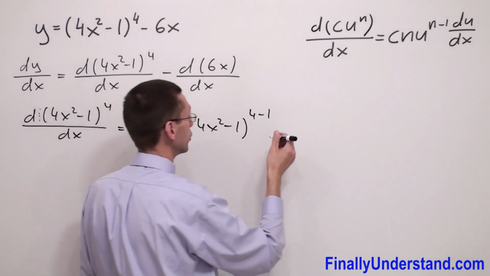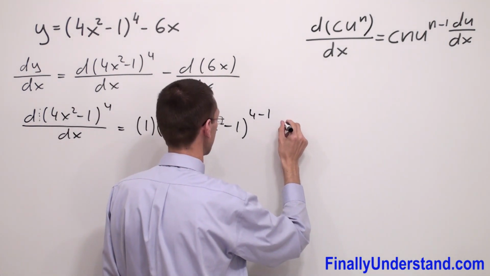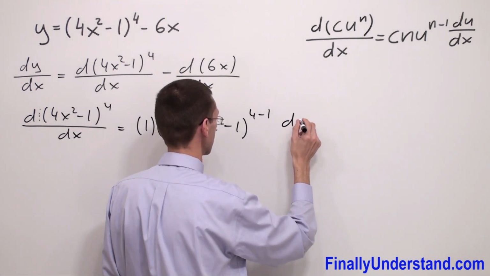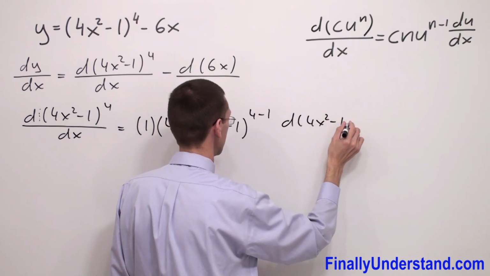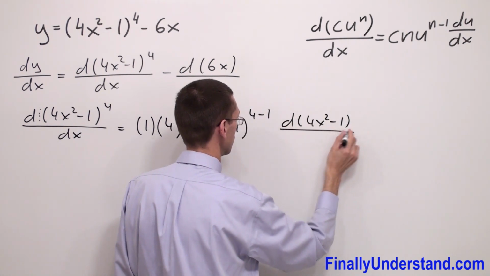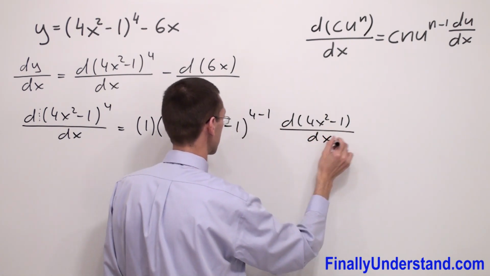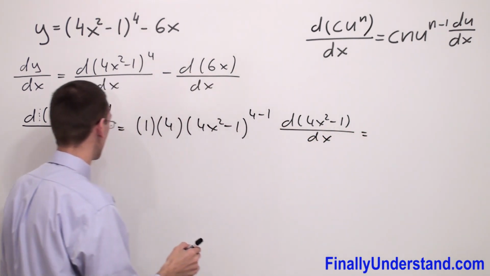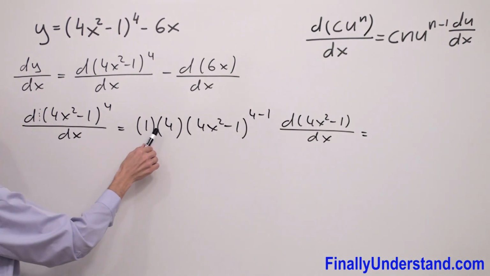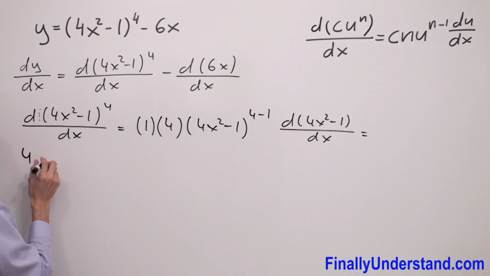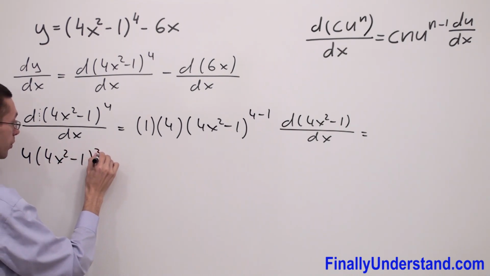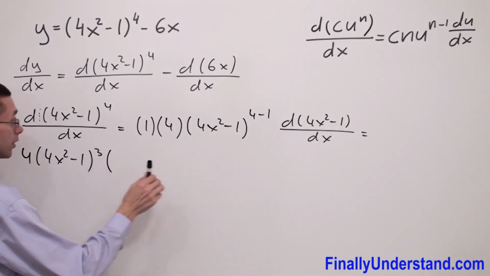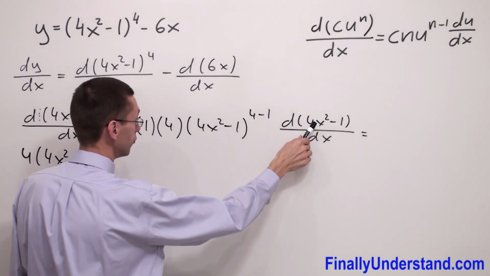So what we're supposed to do, let me do this step by step, is simply write the derivative of 4x squared minus 1 over dx. Okay, so this is equal to 1 times 4 is 4, and I have (4x squared minus 1) to the third power times the derivative of the difference.